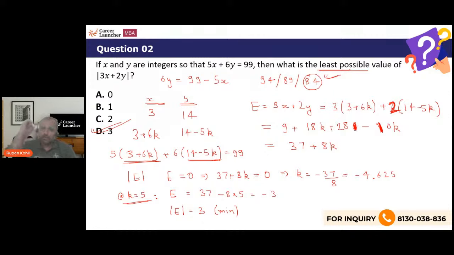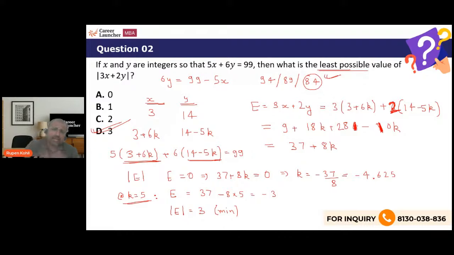Right? So we have a linear equation whose solutions are integers. Then an expression involving the solutions of x and y has to be minimized. That expression is in terms of a parameter, let's say k. We can define the solutions in terms of a parameter k, and that expression has to be minimized.